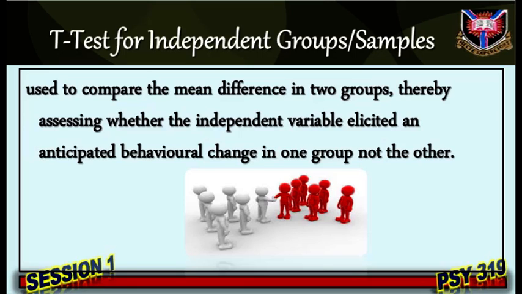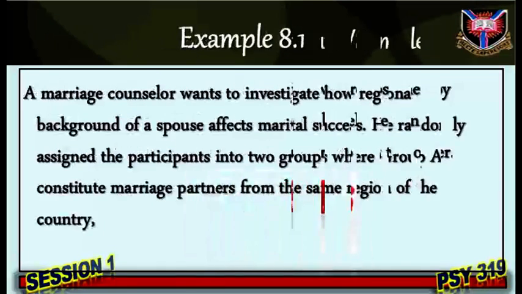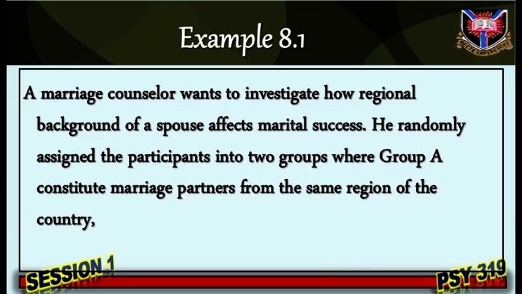An example is given below to show the procedure in testing a hypothesis using the t-test for independent groups. Example 8.1. A marriage counselor wants to investigate how the regional background of a spouse affects marital success.